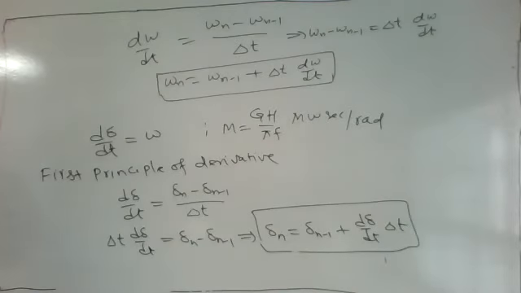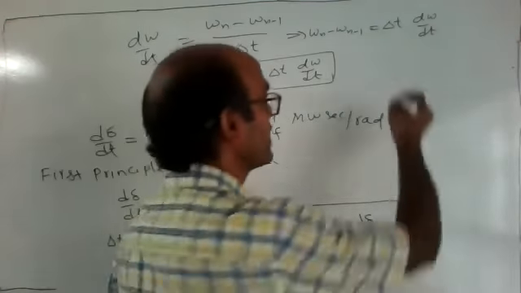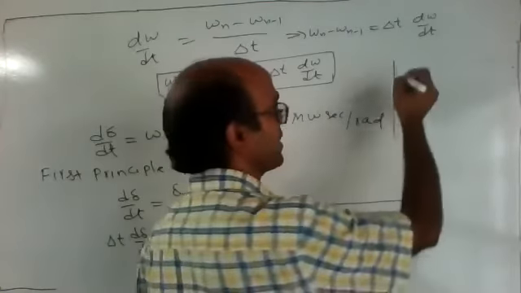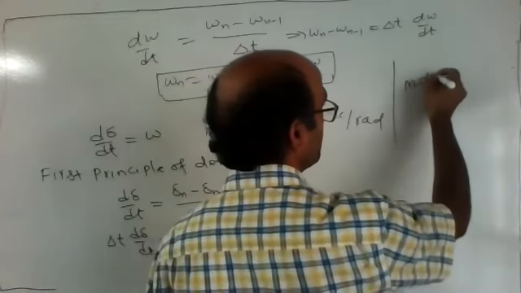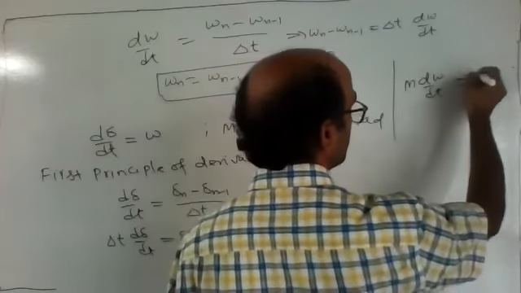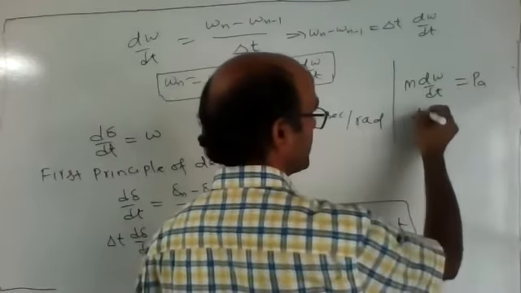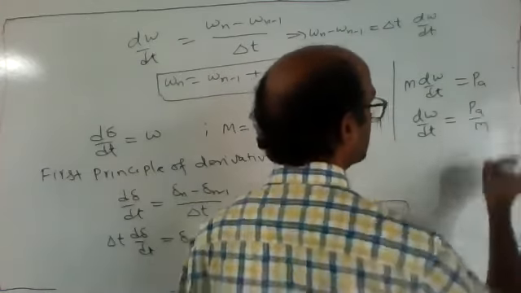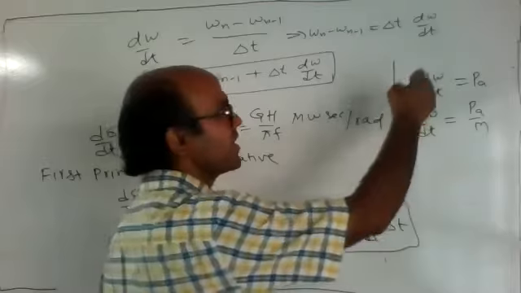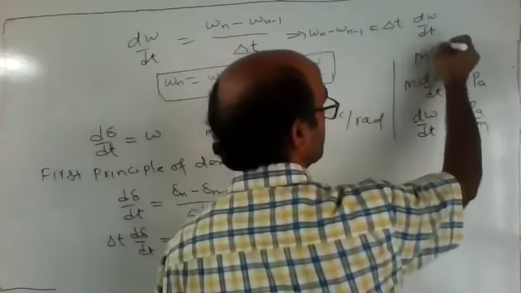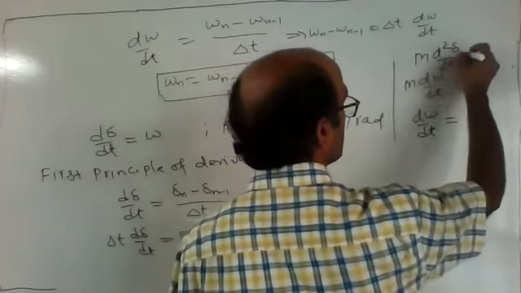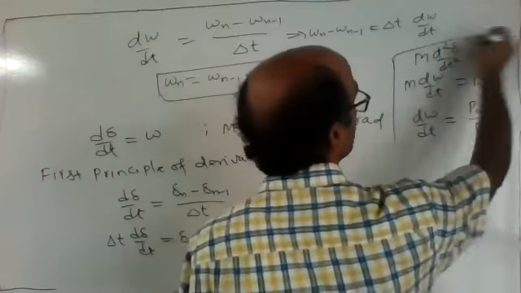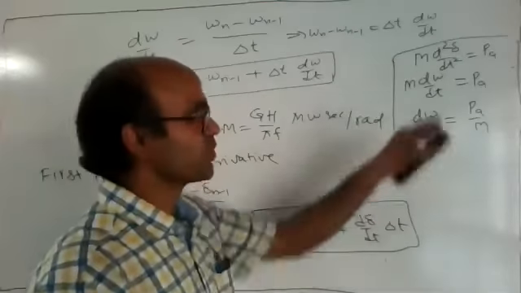And you know d omega by dt, which I have just derived from the swing equation. So d omega by dt is Pa by M. This is the swing equation; we know this swing equation.